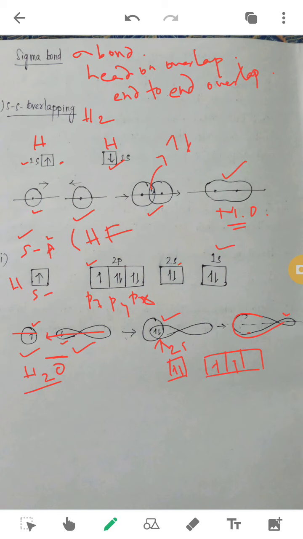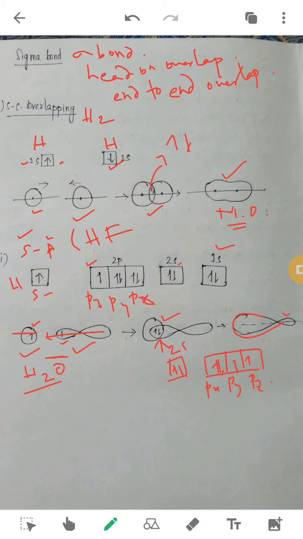Now, you have oxygen as the central element and you have 8 electrons in total. So 1s2, 2s2 gives you 4, and 2p4. Suppose this is px, this is py, and this is pz. So what happens now?